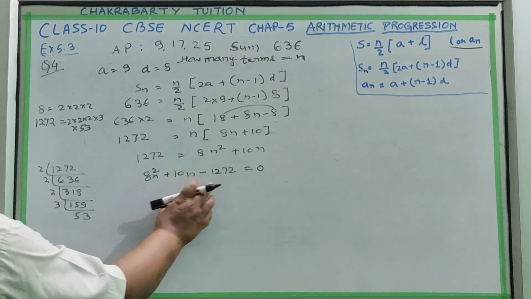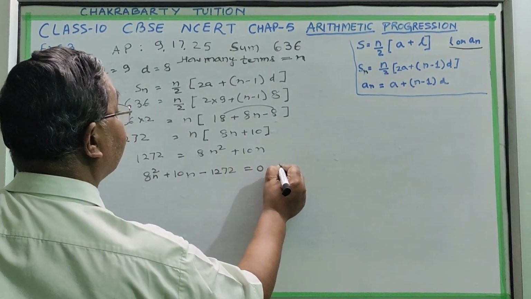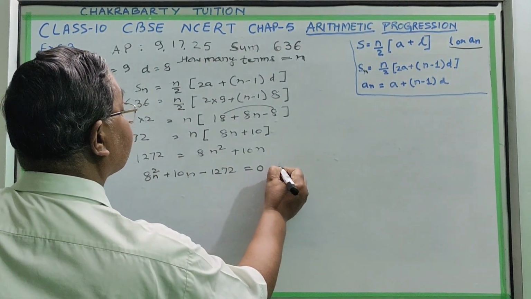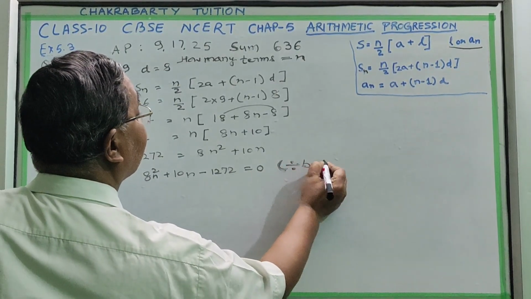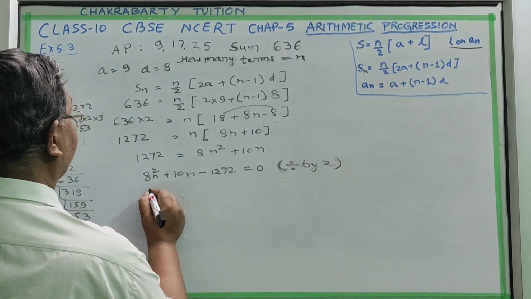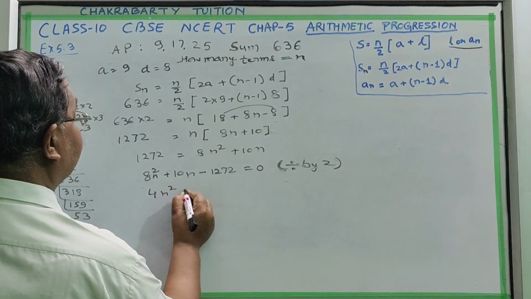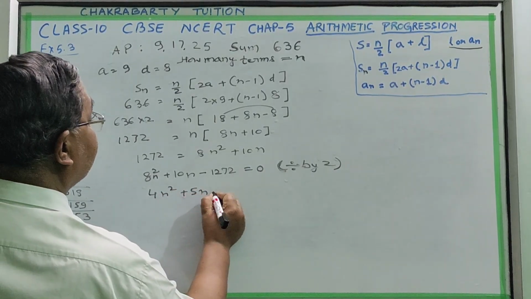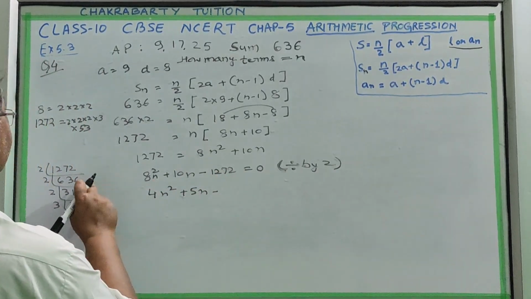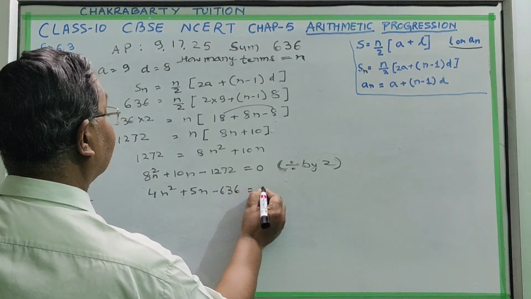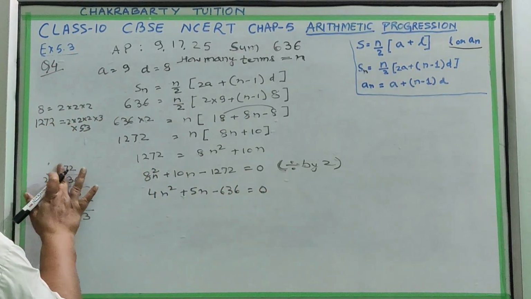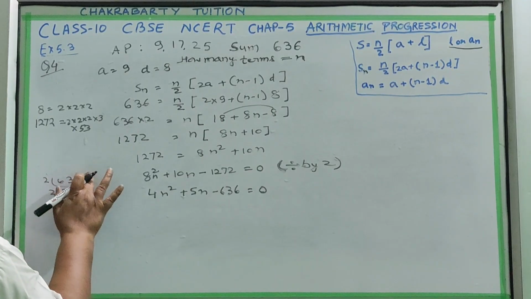So by 2 we can divide it. We will divide it by 2. So 4n square plus 5n minus, if we divide by 2, it will become 636 equal to 0. So by 2 we have divided it, and it will become this one, 636.